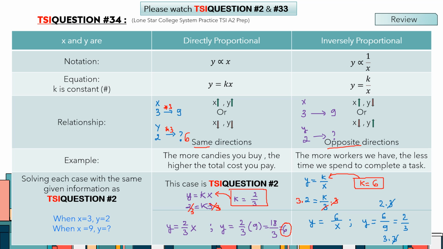X is multiplied by a factor of 3, 3 times 3 is 9, so 9 divided by 3 is 3. X is increasing by a factor of 3, then y will be opposite, meaning it will be decreasing by a factor of 3. So you take 2 divided by 3, you get 2 over 3.